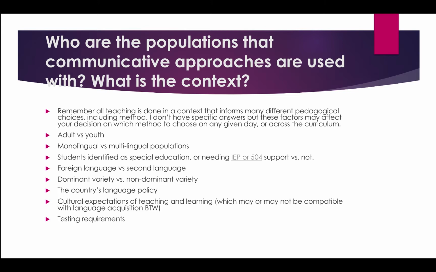So that might be in a second language environment. But also, whether you are working with even native speakers of the same language in America, you may choose to do some kind of scaffolding. It depends on whether non-natives are mixed in with the class or not.